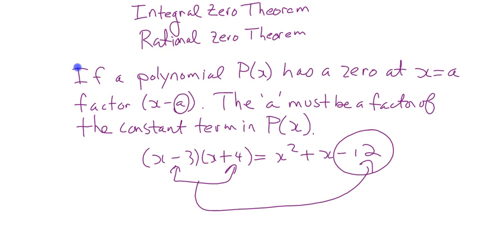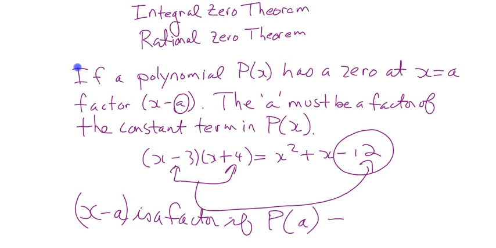And if we wanted to say which one of them it is, then we know that x minus a is a factor if p of a is 0. So remainder theorem slash factor theorem, right?